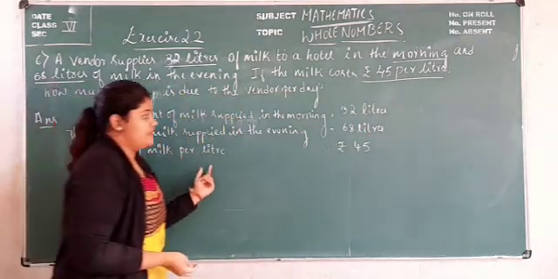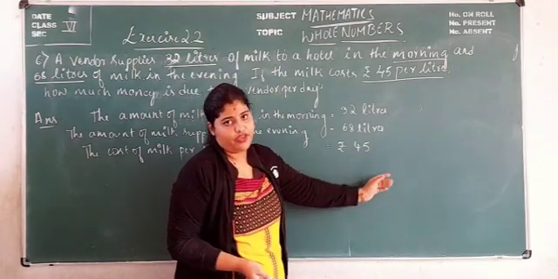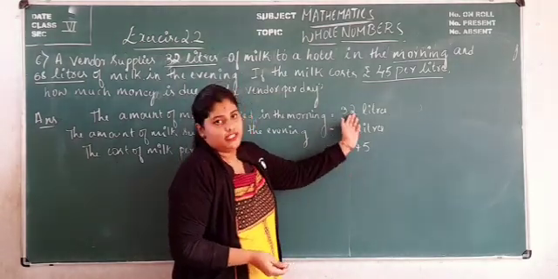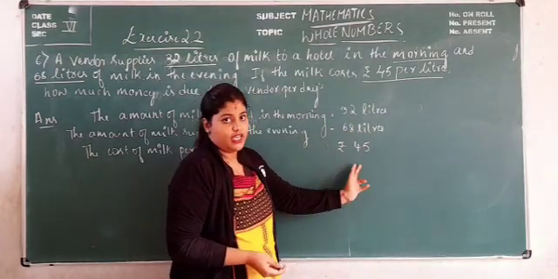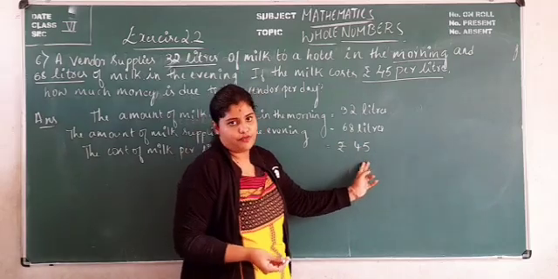Cost of milk per liter is 45. So here also it is 32 plus 68 into cost, into cost is 45 rupees.